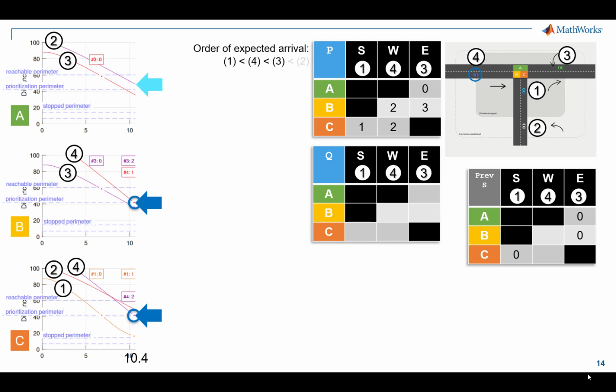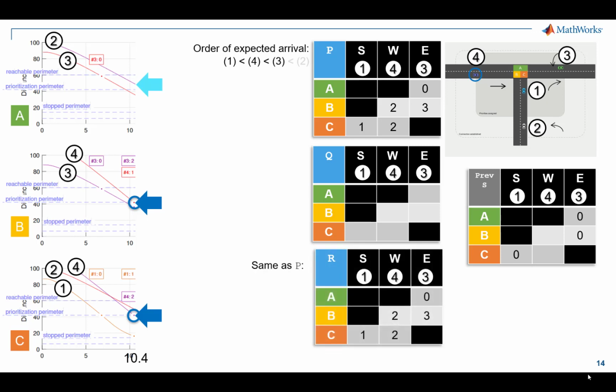So for our P priorities, the order of expected arrival for the different cars is 1 followed by 4 followed by 3. So that's why you see the numbers 1, 2, and 3 in that order. And since none of the cars have actually reached the intersection, there are no queue priorities at this point. So the merged or resolved priorities are the same as the P priorities.